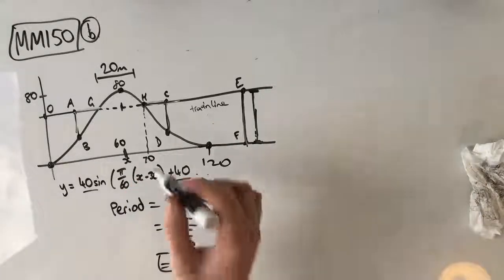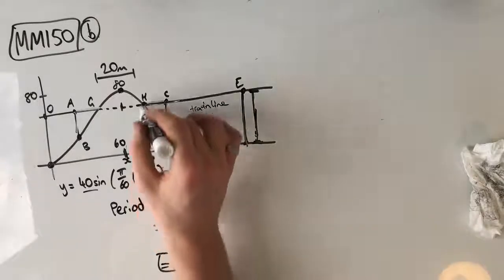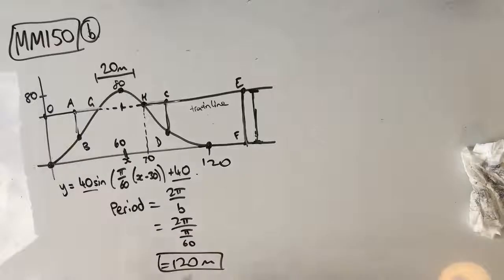So from this x value of 70, we're going to be able to figure out how high this H value is, yeah? So let's do that.